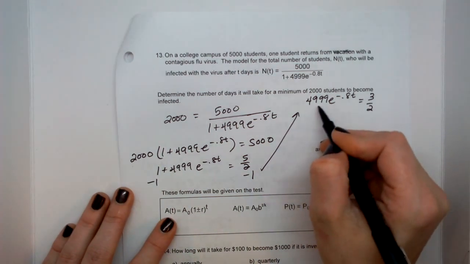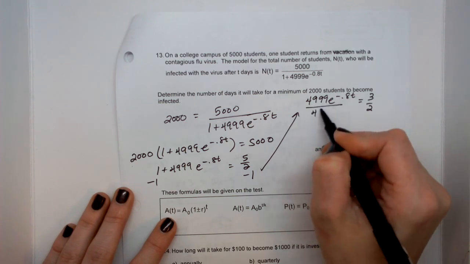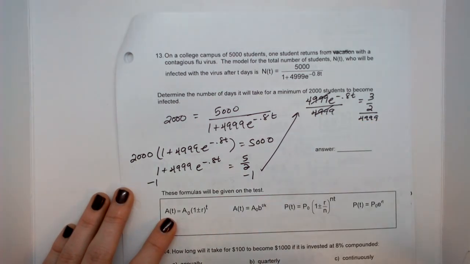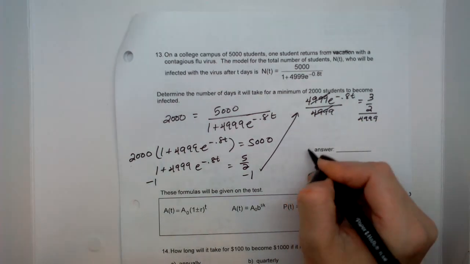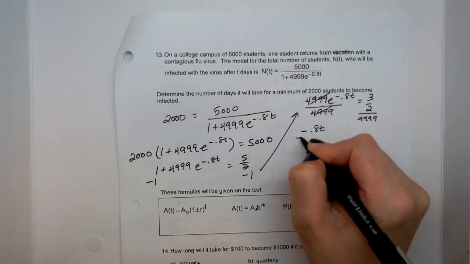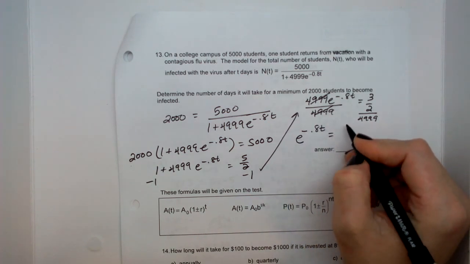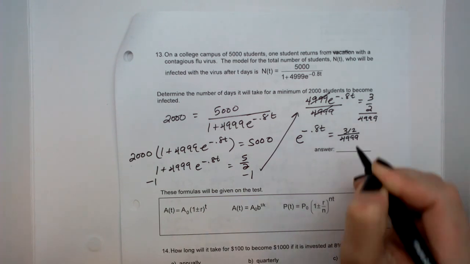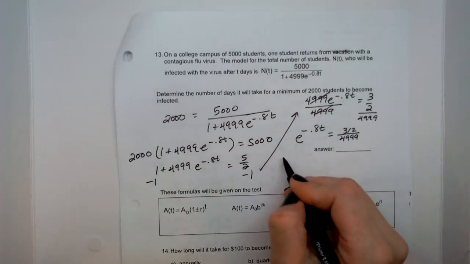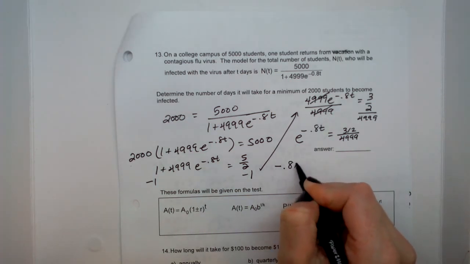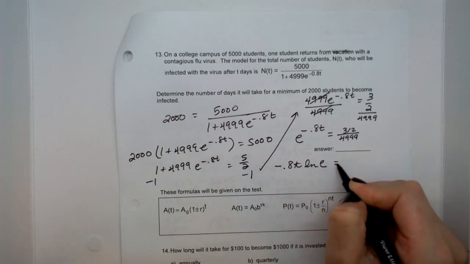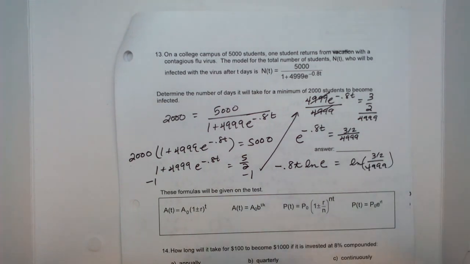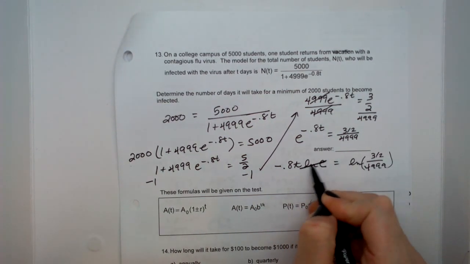Okay, divide by the 49.99. So now I have negative 0.8t for my exponent, and that's equal to 3 over 2 divided by 49.99. Okay, now I need to get the t out of the exponent, so I'm going to take the natural log of both sides and bring it down. Okay, now ln e is just 1, so I can get rid of it.